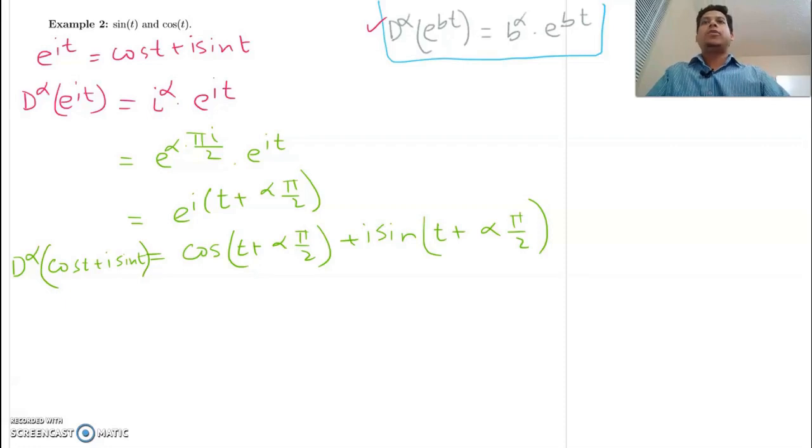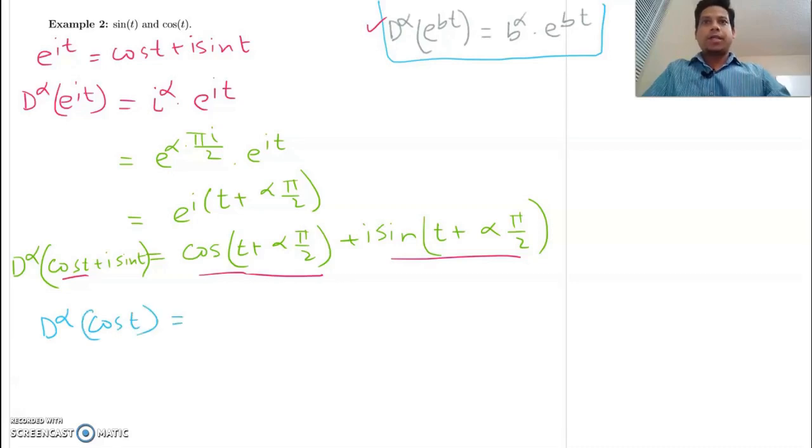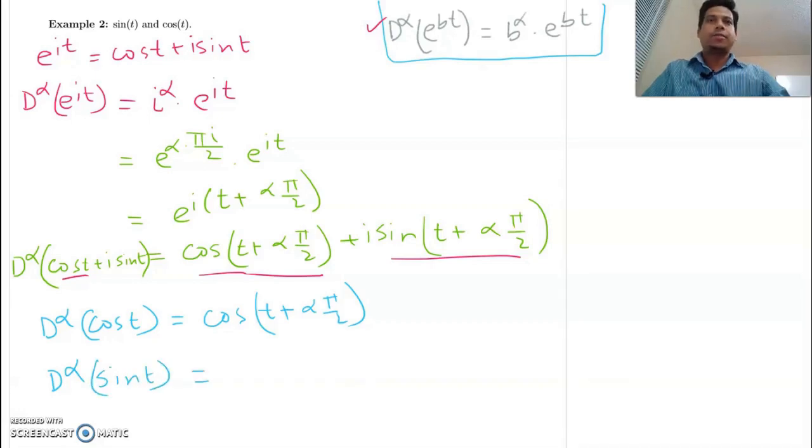Now if we equate the real and imaginary parts, the alpha order derivative of cosine t is given by the first term, cosine of (t plus alpha pi over 2), and the alpha order derivative of sine t equals the coefficient of i, which is sine of (t plus alpha pi over 2).